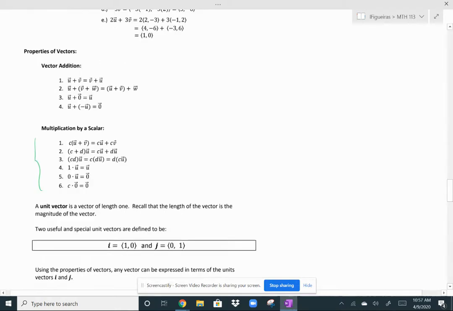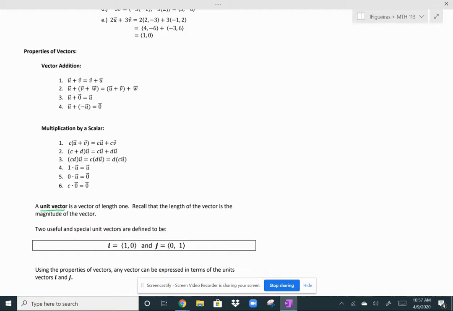All right, so now let's talk about unit vectors. So there's a lot of vocabulary in this section, so you might want to go over this again when we're finished. So a unit vector is a vector of length 1. So remember, length is what we call magnitude, and we have two special notations for these vectors of length 1.